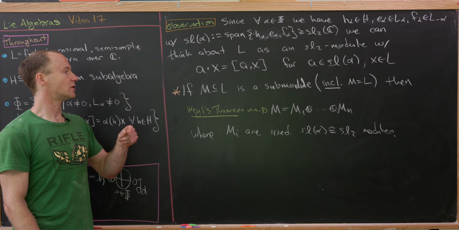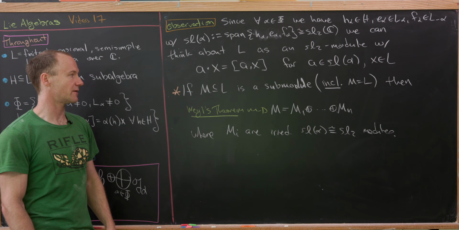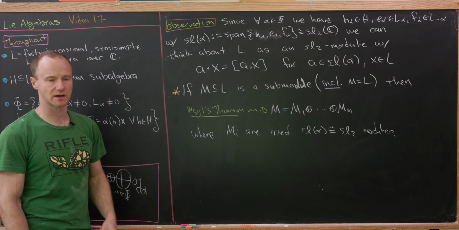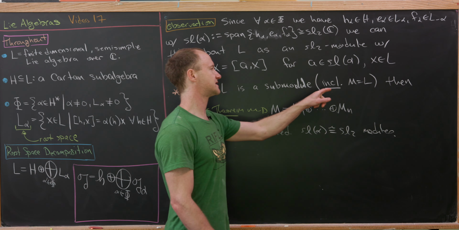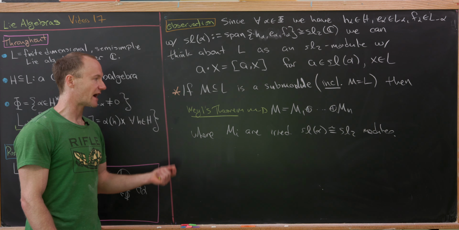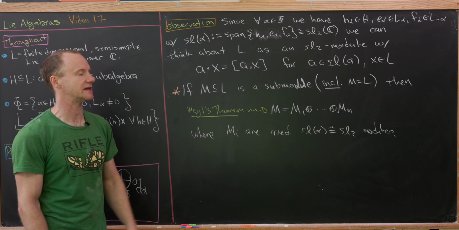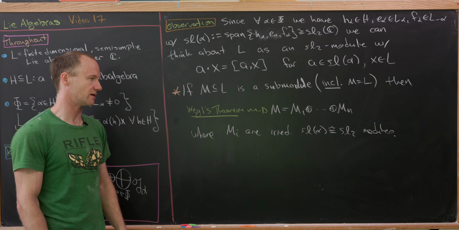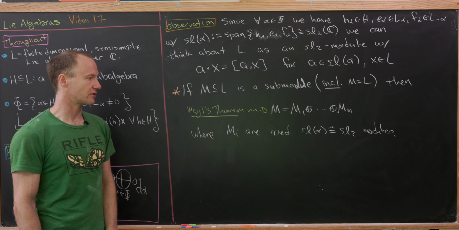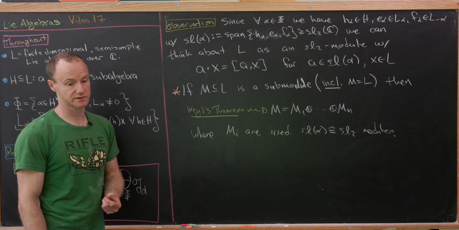Furthermore, if M is a submodule or a subalgebra of L viewed as a submodule, which I should say includes the case when M is equal to L, then Weyl's theorem says that M can be reduced completely. In other words, it's the direct sum of a bunch of irreducible SL alpha, or SL2 modules.